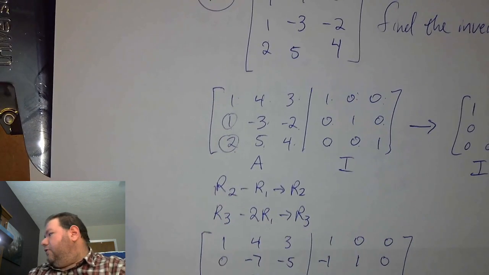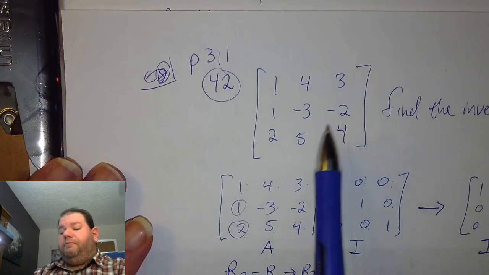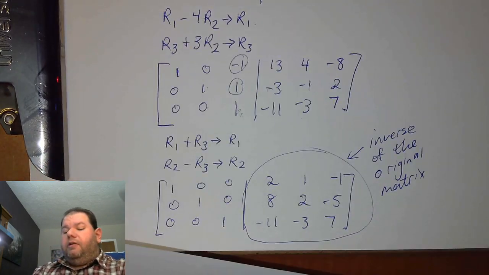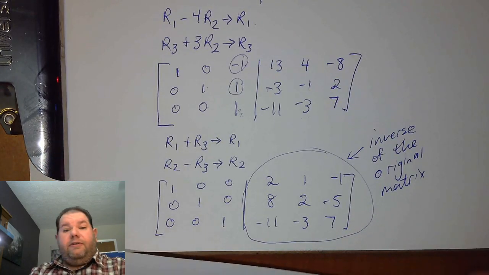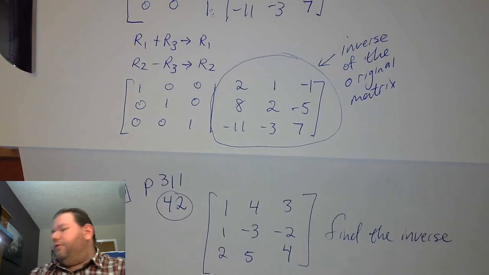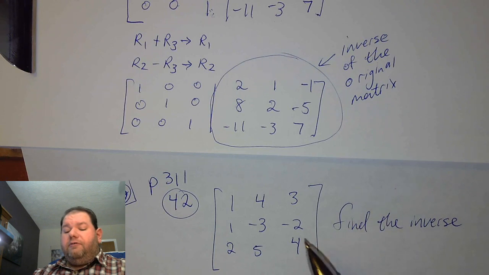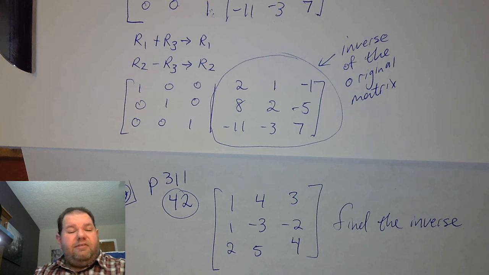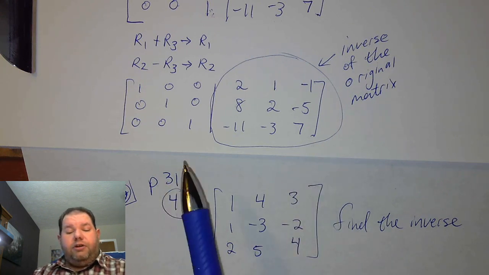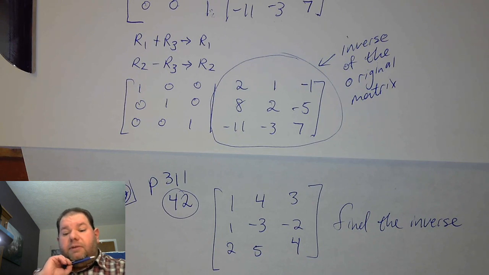Notice we started with this matrix. Not a whole lot of similarity to the resulting matrix, as you can see. So the inverse and the original matrix don't necessarily have to look alike. That doesn't necessarily mean anything, really. But if we were to multiply these together, we should end up with the identity matrix as a result.